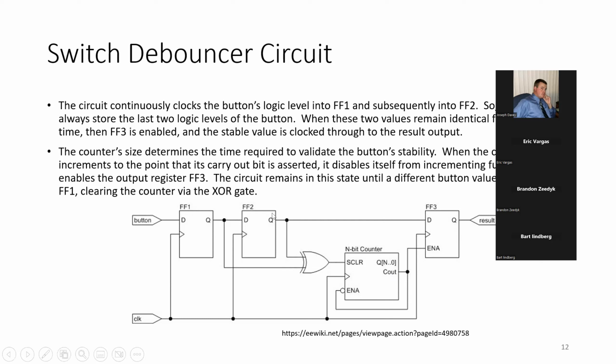So I have to have identical inputs from Q0 and Q1 for S clear to be 0, and I start counting. When I reach the terminal count, also, I have here 1 enabling flip-flop 3.